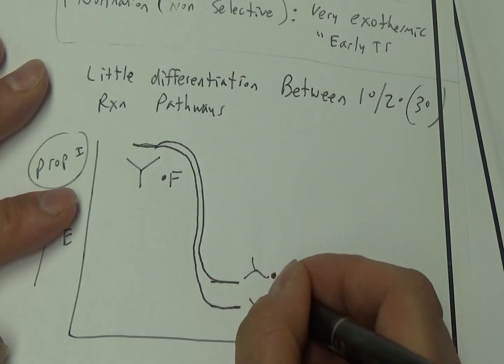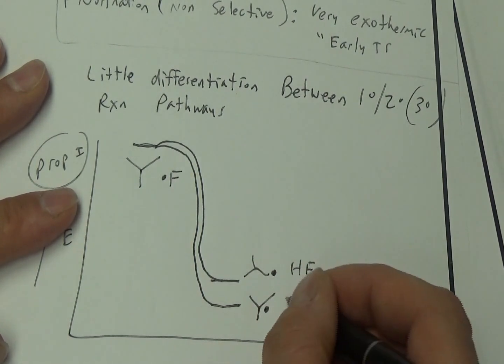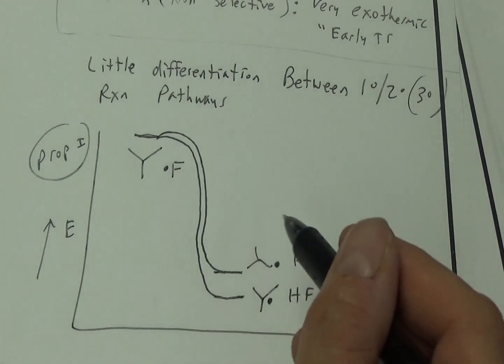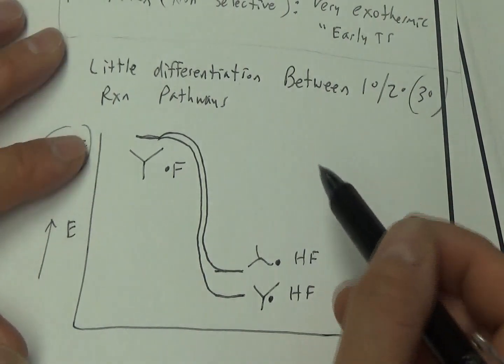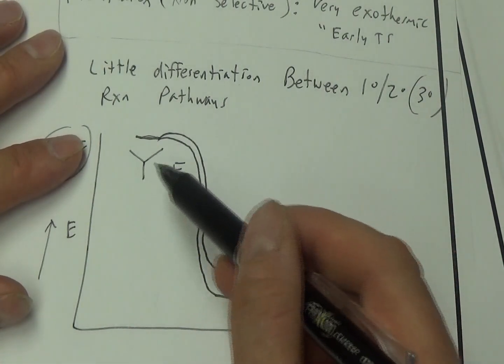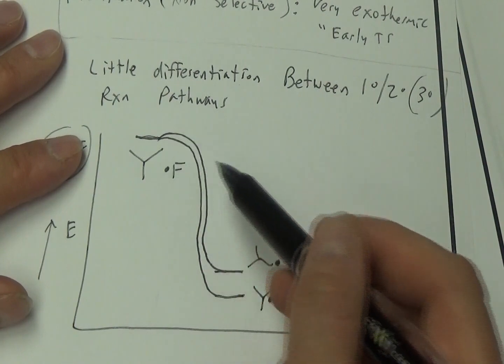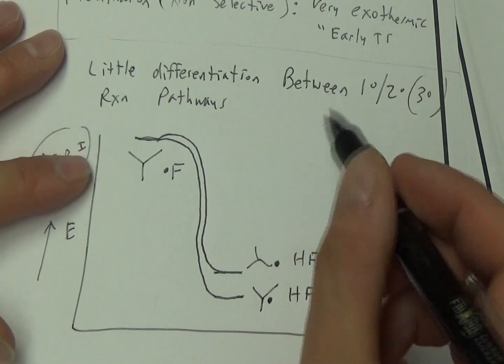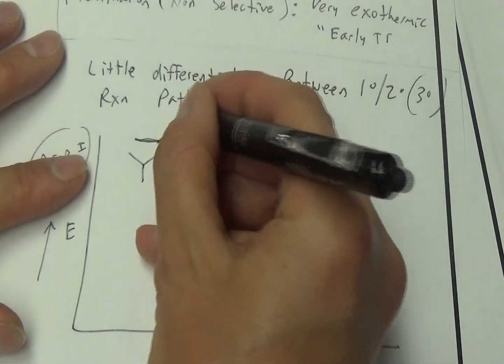If it rips off the tertiary one, you get a tertiary radical, right? There's an interesting behavior here now. Because if the molecules can react via one pathway or the other, is there a big difference in the activation energy, the EA, the little hump, these transition states, right?